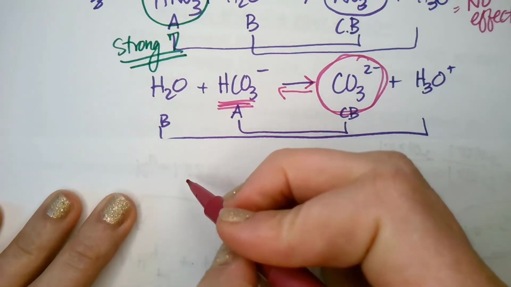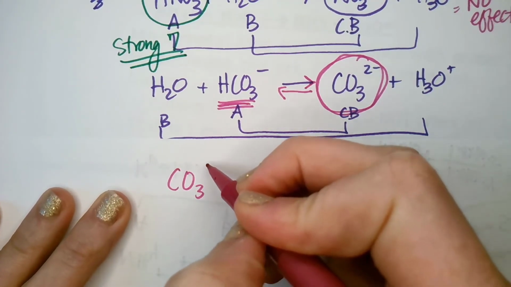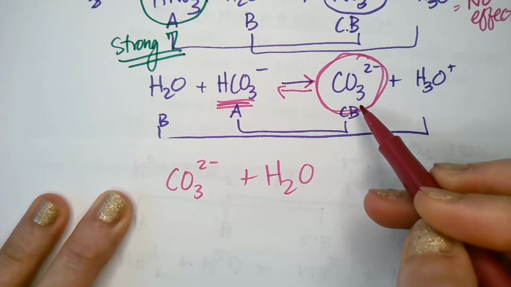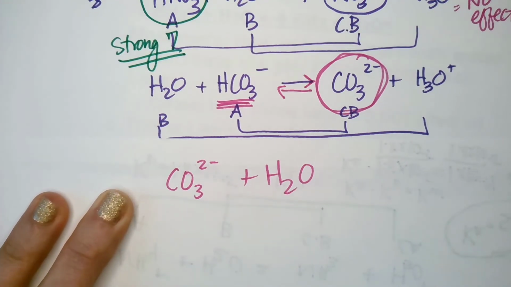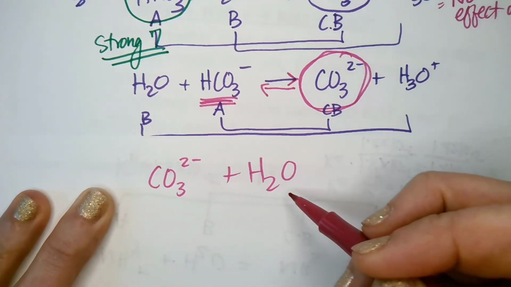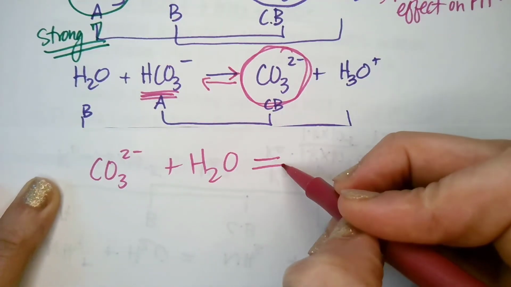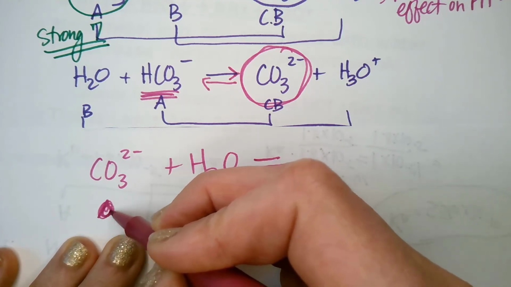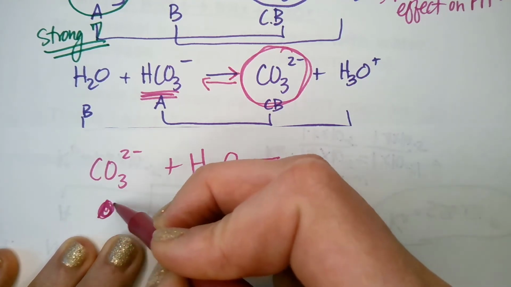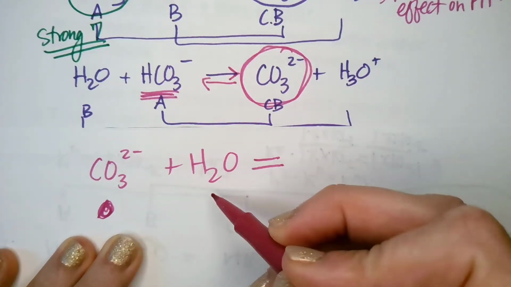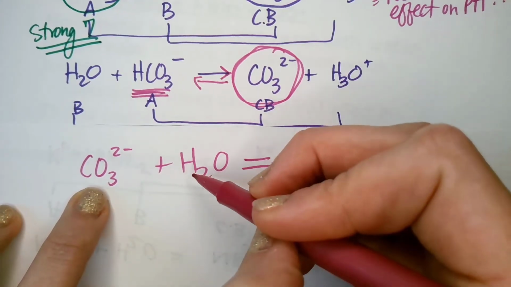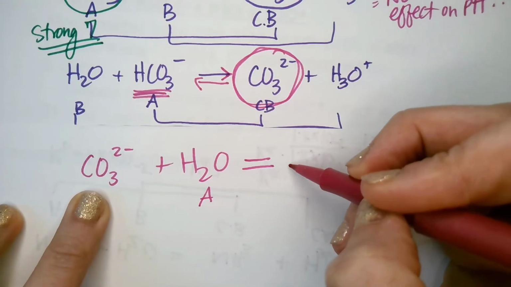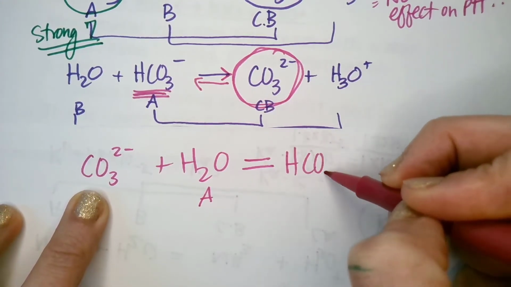So it's going to use my conjugate base. It's going to take that CO3 2 minus and react with water. When this conjugate base goes through hydrolysis and combines with water, my water is acting as the acid.